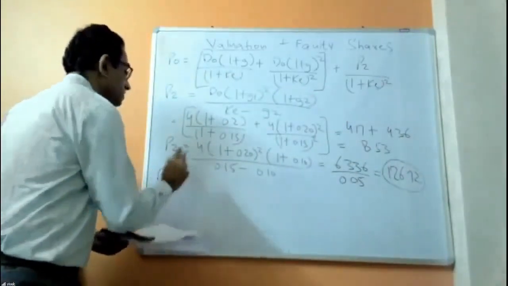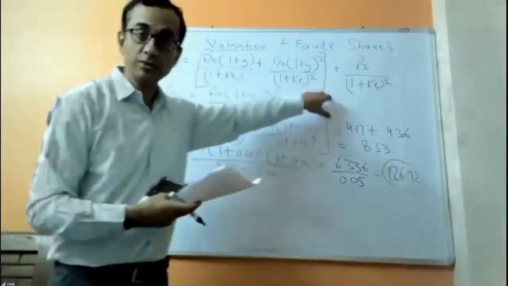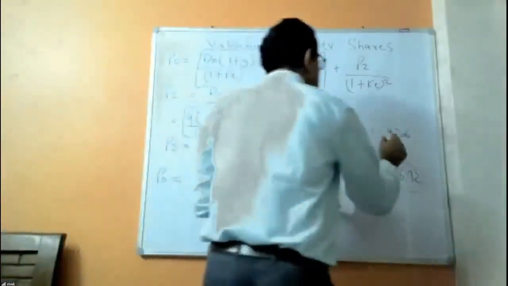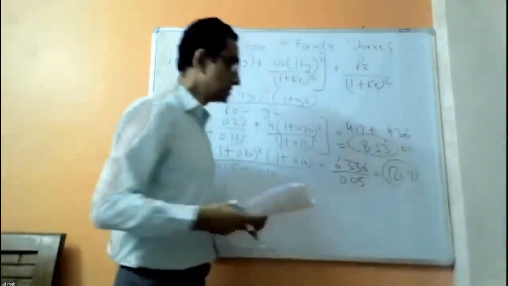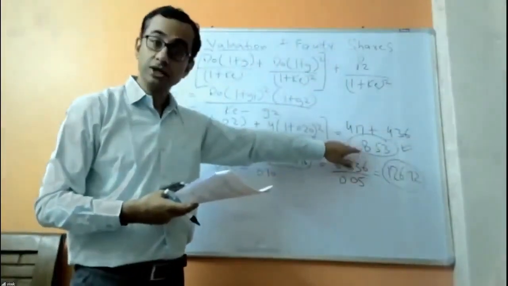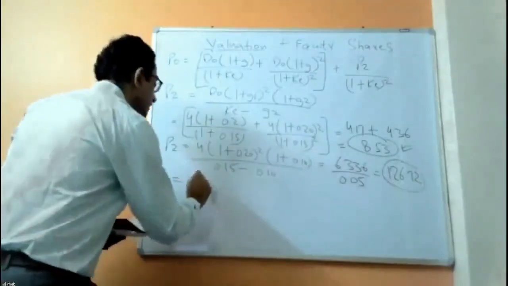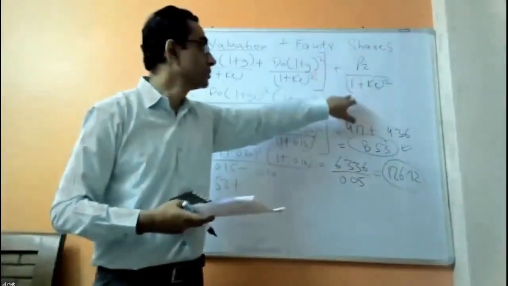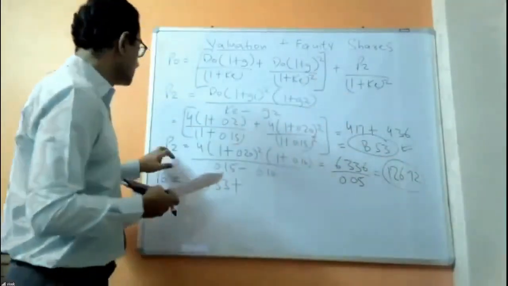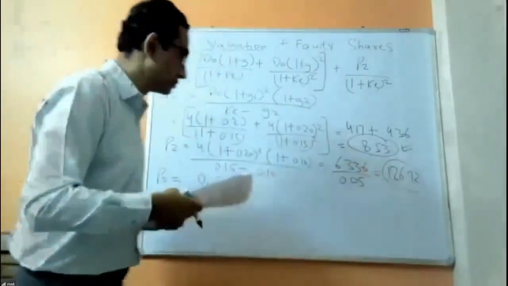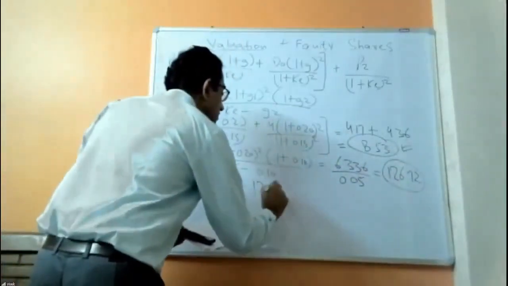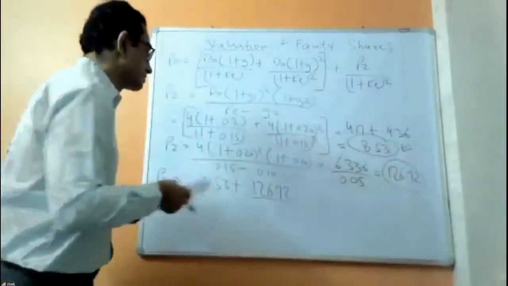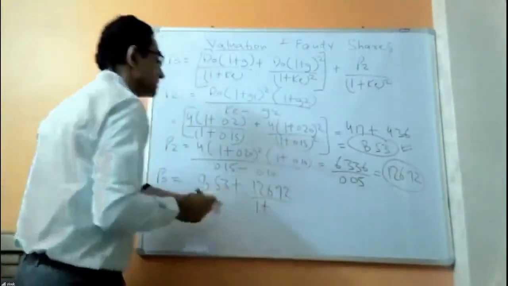So P0 is equal to, this bracketed portion we have already calculated. The bracketed portion figure is 8.53. This is the present value at 20% growth rate. So 8.53 plus this portion, P2 upon (1 + K) squared. What is P2? P2 we have calculated, 126.72, divided by (1 + K) squared.